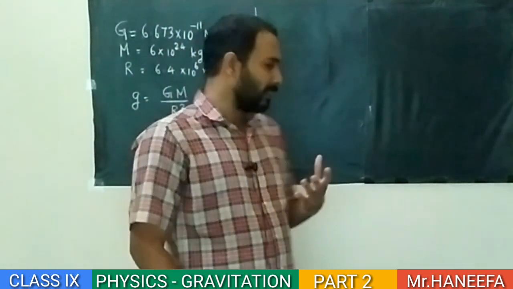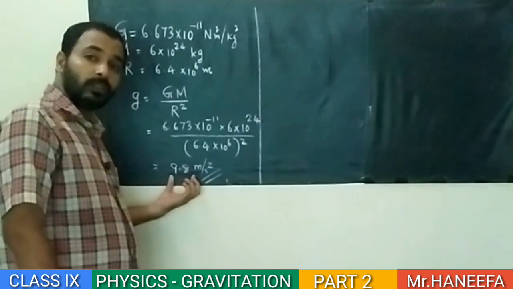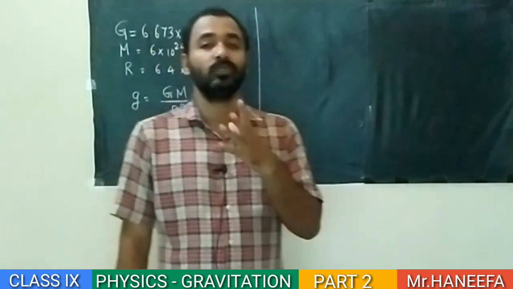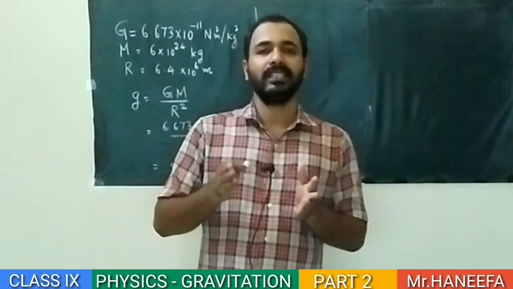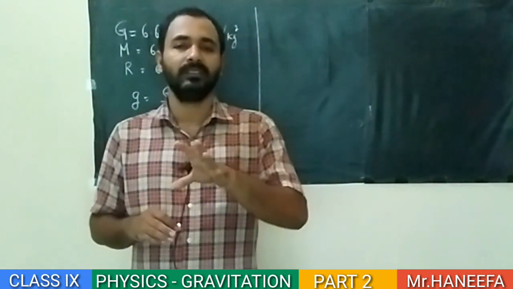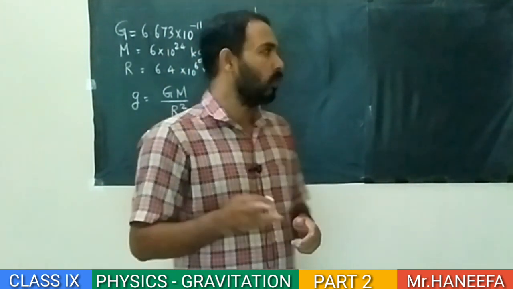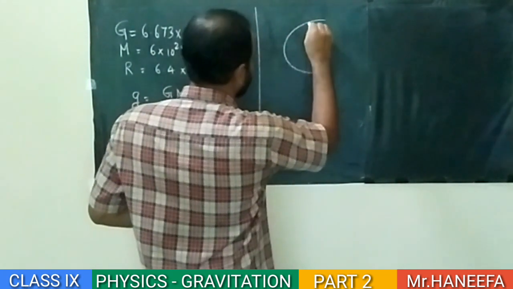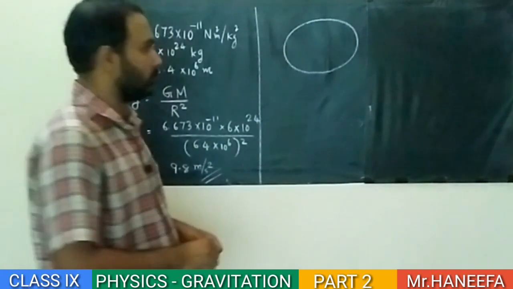Then is this acceleration due to gravity constant everywhere in the universe? No. Acceleration due to gravity changes from place to place. Acceleration due to gravity of the earth changes from place to place. Okay, so we can explain. We consider earth.